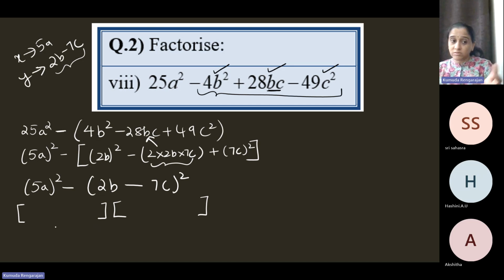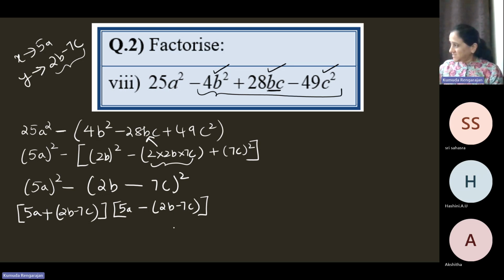Square brackets, because y itself has two terms. Now we'll have to write x here. We're going to write x plus y, x minus y. X, this is x, plus y in bracket like this. Now again x minus y, again two terms, so in a simple bracket.